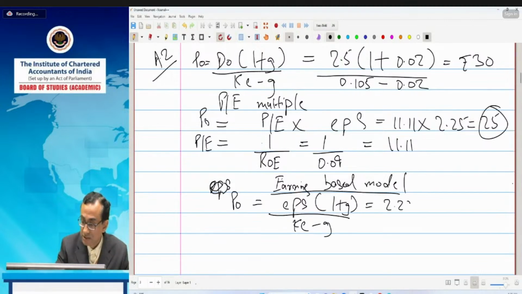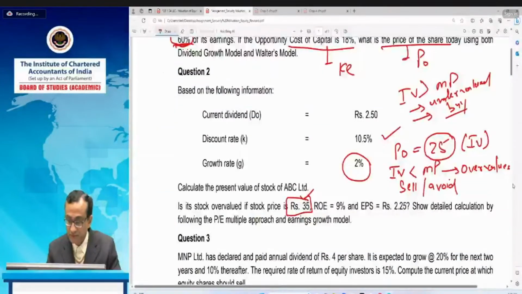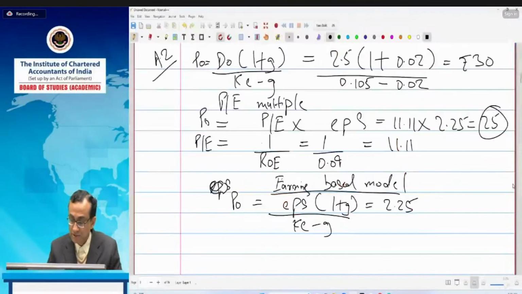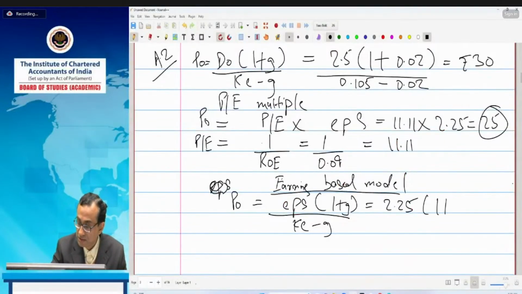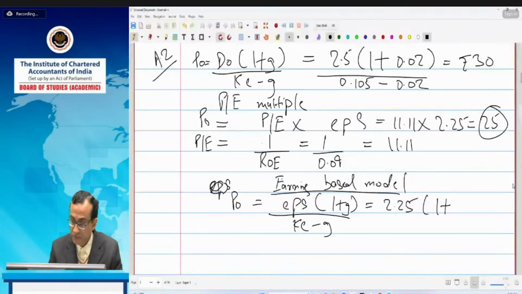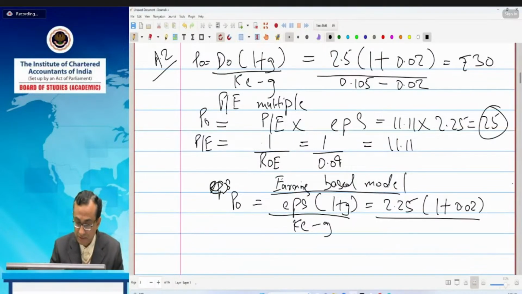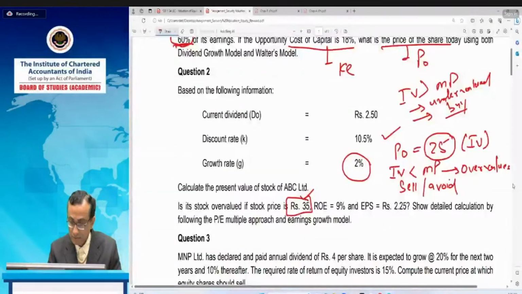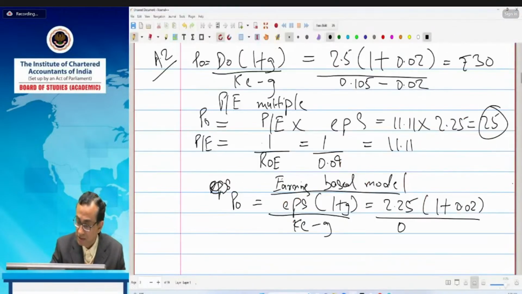EPS is given in the question, 2.25, and growth rate is given, 2%, 0.02. KE minus G: discount rate is 0.09 minus growth rate, that is 0.02.